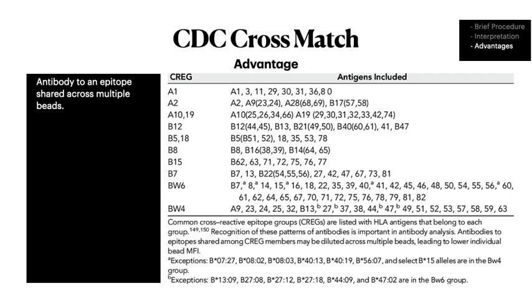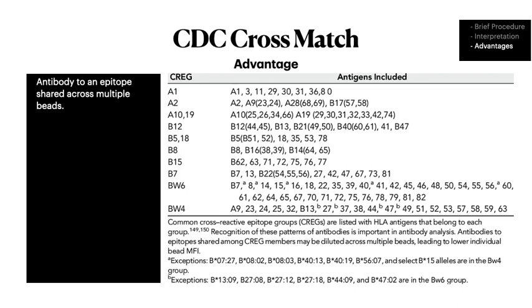And this is shared epitope across multiple beads. If you have antibody against either A1, A3, A11, A29, 30, 31, 36, or 80, the antibody against one of them can cross-react with any of the others.